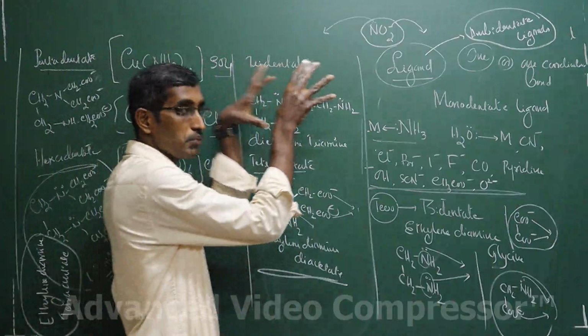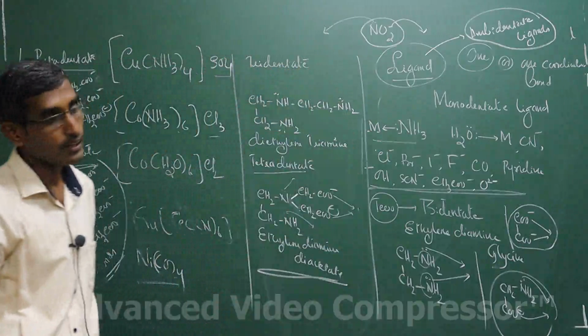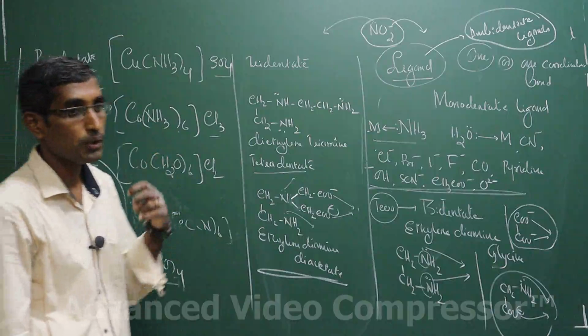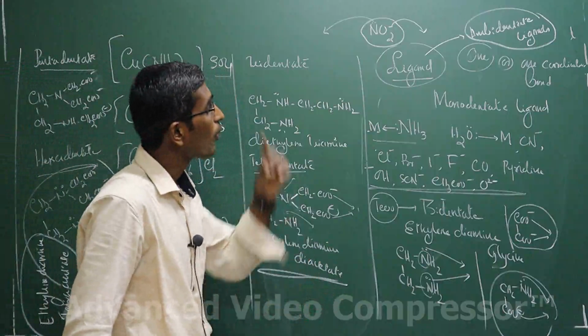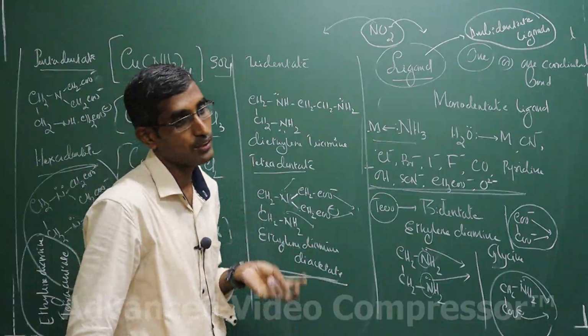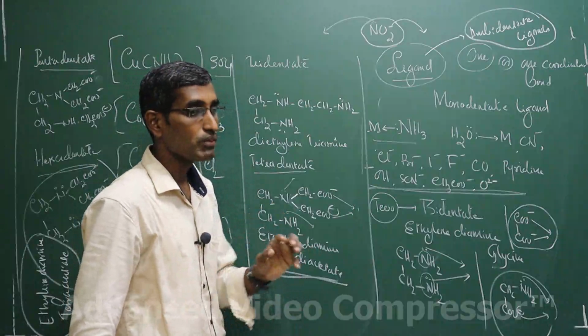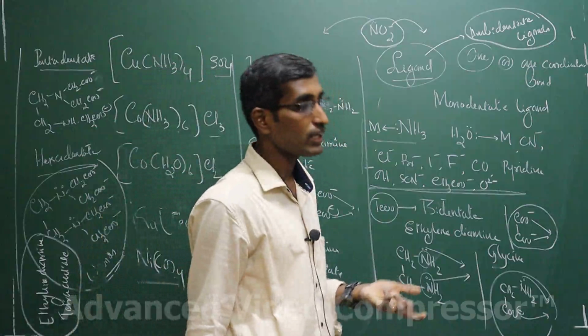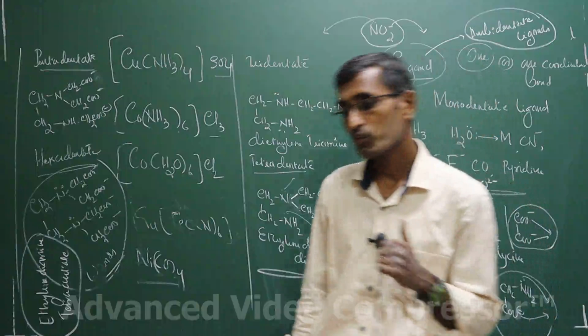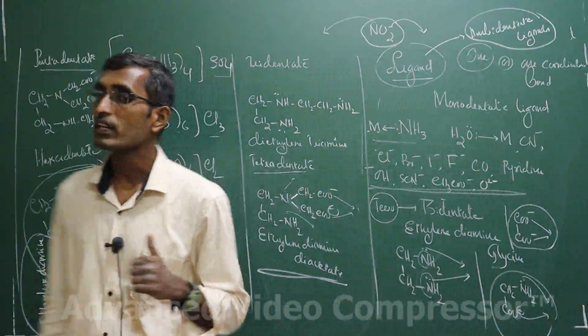That means it is ambi in nature. It has a choice either to establish a bond using the oxygen or using the nitrogen with the central metal ion. Such a ligand, which has two or more coordinating atoms but binds using only one coordinating atom, is called an ambidentate ligand.